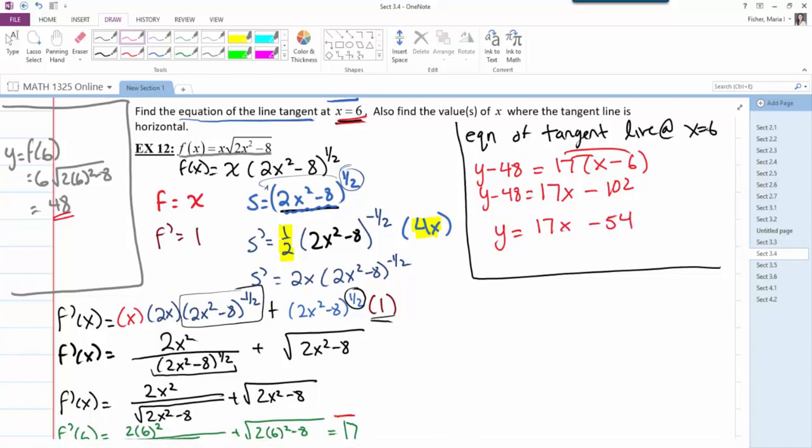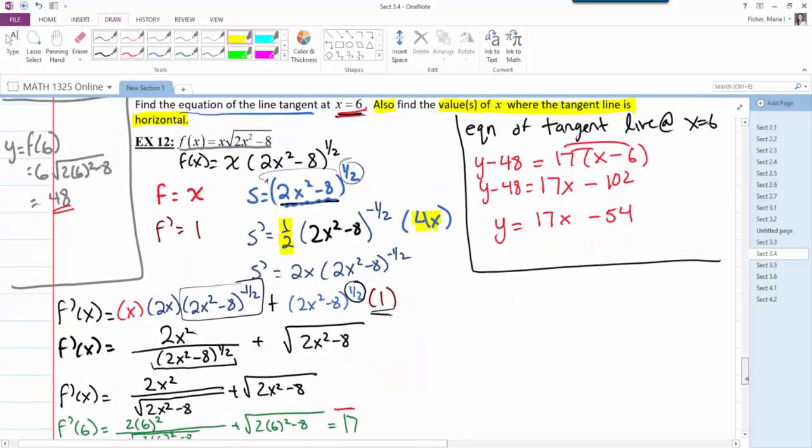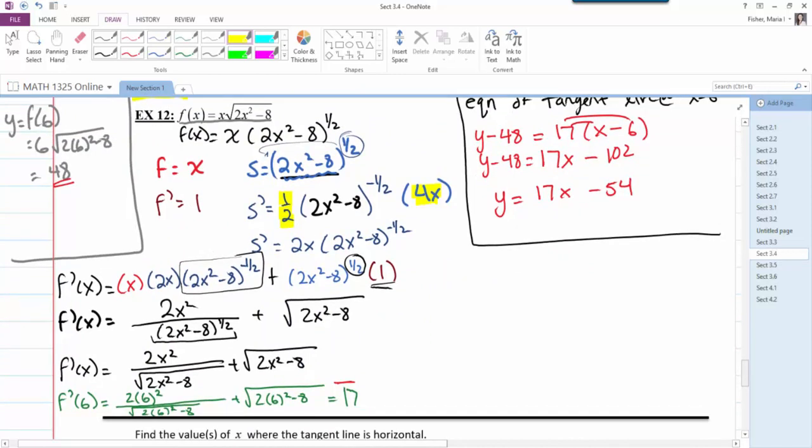The next portion of the problem is asking us to also find the values of x where the tangent line is horizontal. So remember, anytime we're asked to find where the tangent line is horizontal, that means that we are looking to figure out where is f prime of x equal to 0. So this is where the tangent line is horizontal.